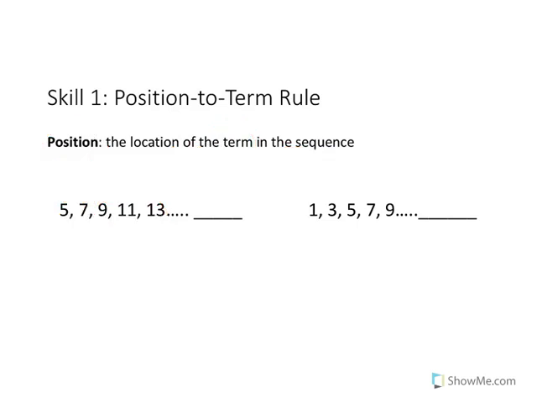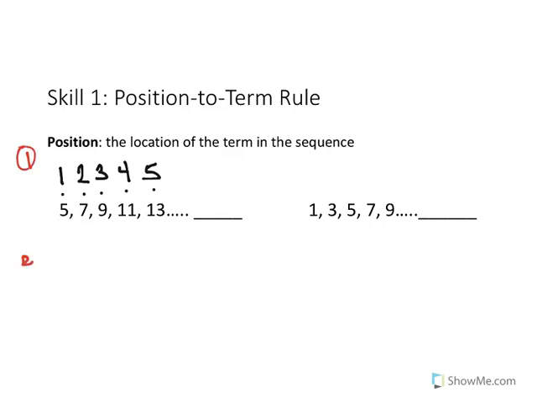And to find the position to term rule, what we have to do is simply this. First of all, we're going to label the position of each term that we see in our sequence. So first is 5, second is 7, third is 9, fourth is 11, the fifth position is 13. Now, that's the first thing we do.